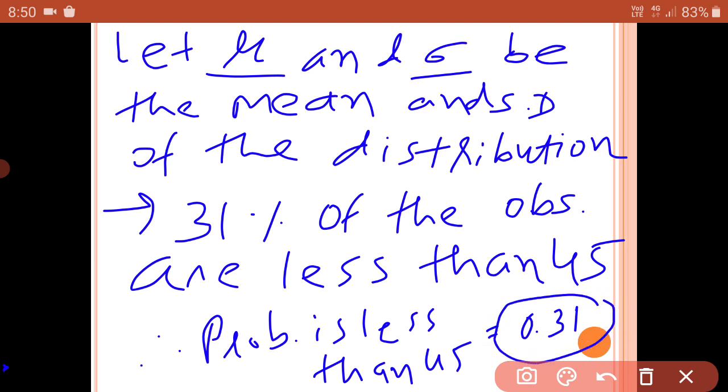Probability is 0.31. 31%, so 31 upon 100, so you get the probability 0.31.